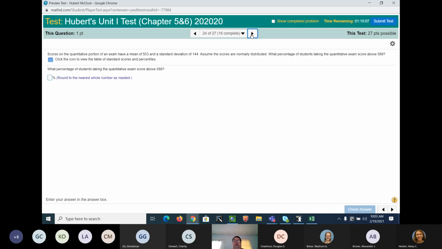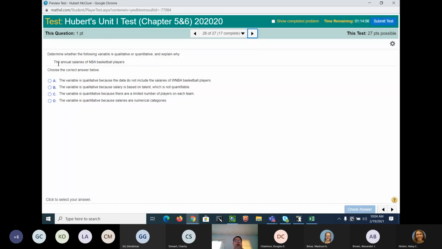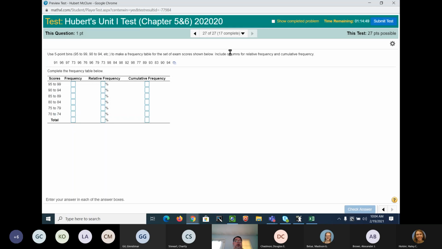Another standard deviation. I do not give extra points at the end of the semester because of all the bonus points I give you during the semester. And quantitative or qualitative: salaries, that's quantitative. And a frequency distribution with relative frequency and cumulative, and we went over that.